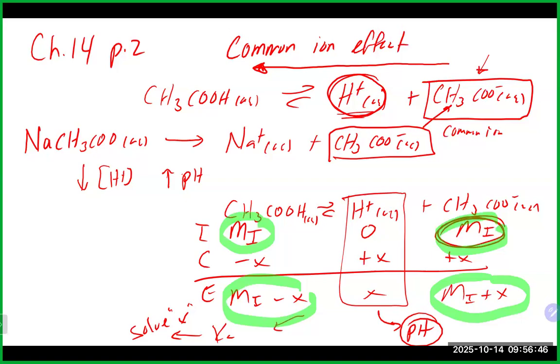And what that allows you to do, as we talked about last time, is that if you don't want to use an ICE table, and you can recognize that these species are related to each other, by that Bronsted-Lowry difference of one H plus between them, you could skip the ICE table and go with the Henderson-Hasselbalch equation, which is pH equals pKa plus the log of the base over the acid concentration.